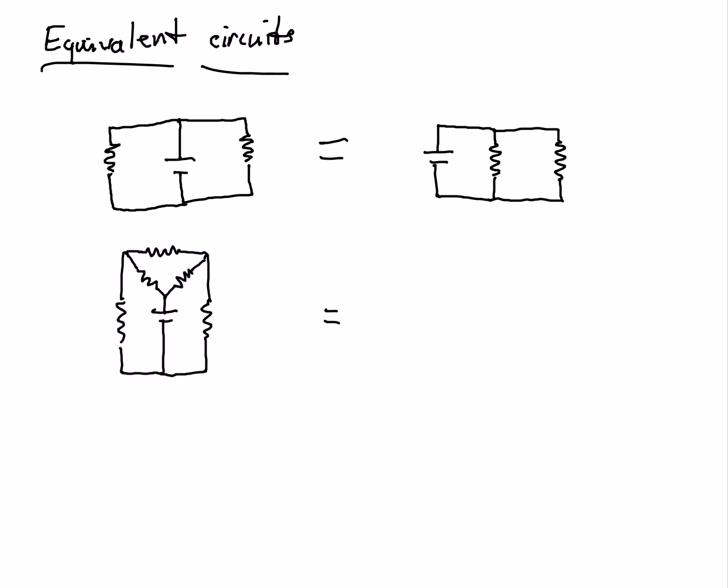Let's consider another somewhat harder example. Here we're going to have a battery, and current from that battery hits a junction. On either side of that junction we have a resistor.